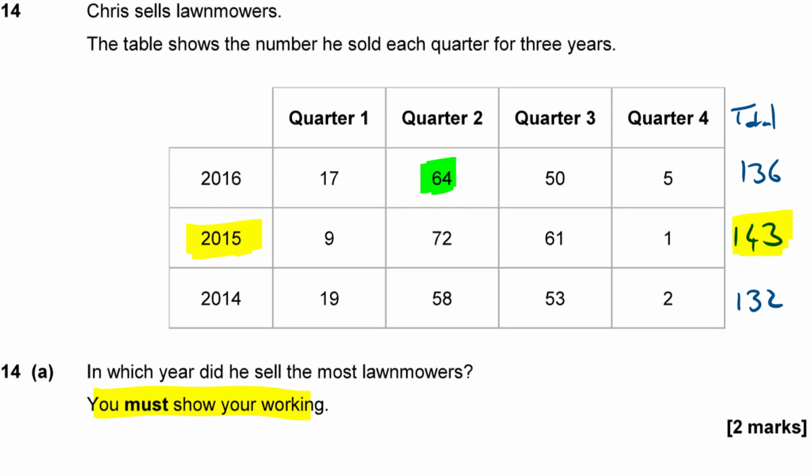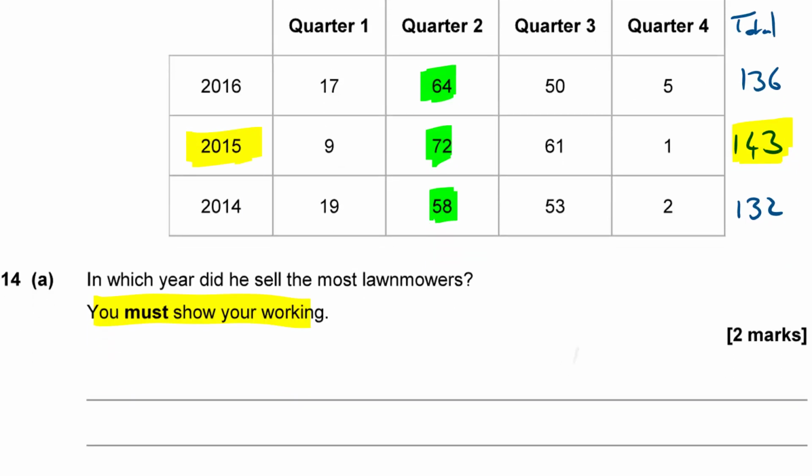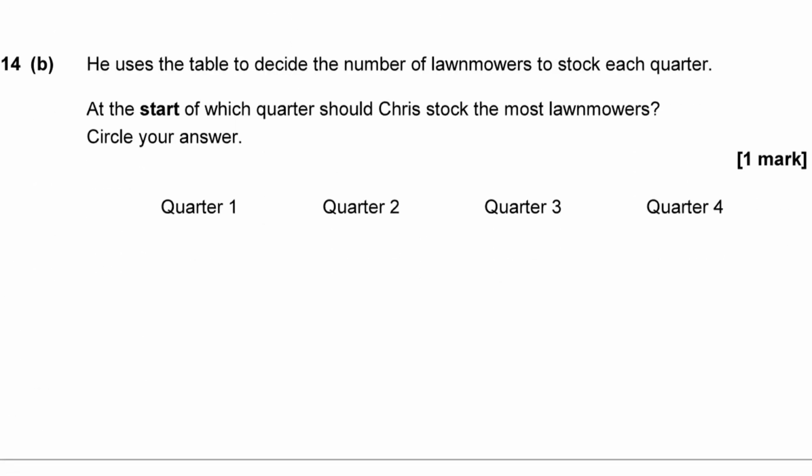And in the second year, again, it's quarter 2 which has got the highest, and in 2014 it's also the highest. So quarter 2 sells the most lawnmowers. Makes sense when you buy a lawnmower in spring, ready for the summer. So I'm going to say quarter 2. It needs the most lawnmowers ready to start selling in quarter 2.